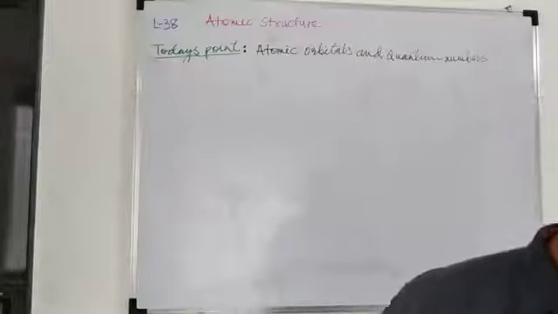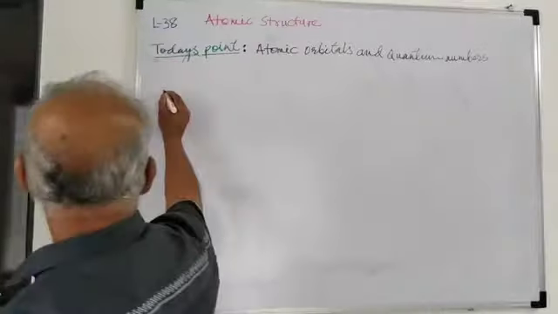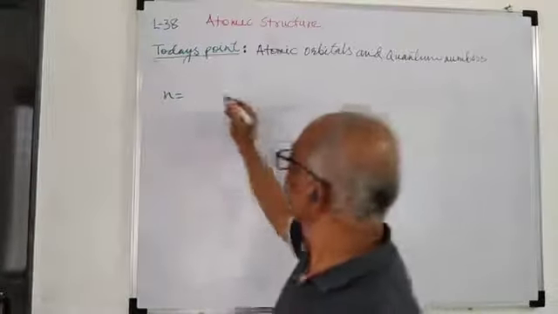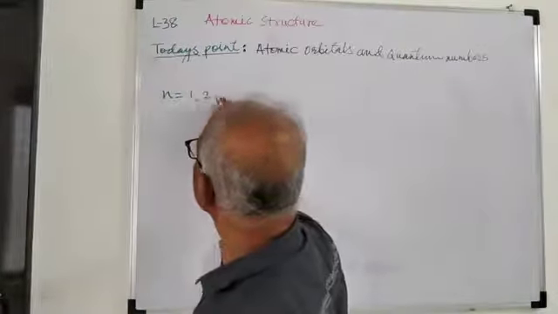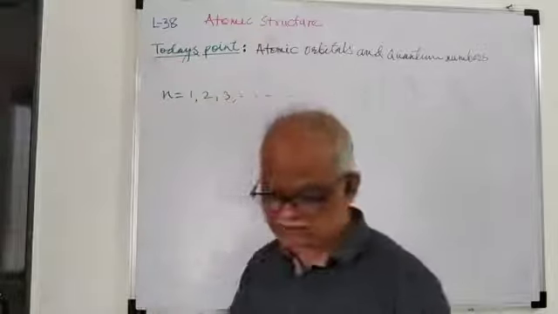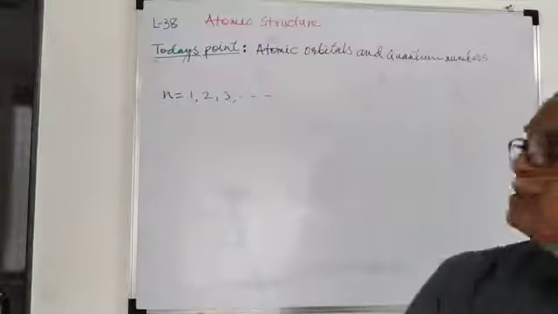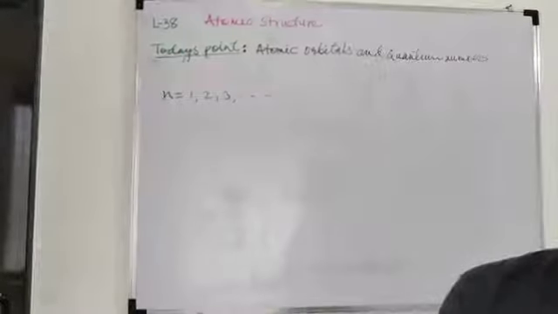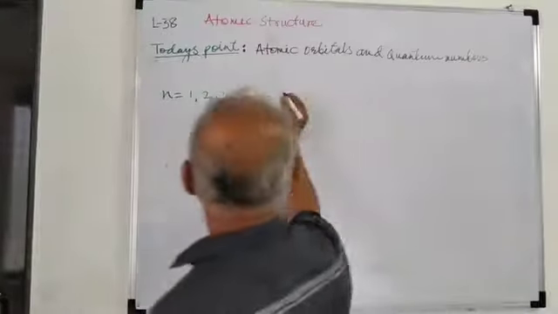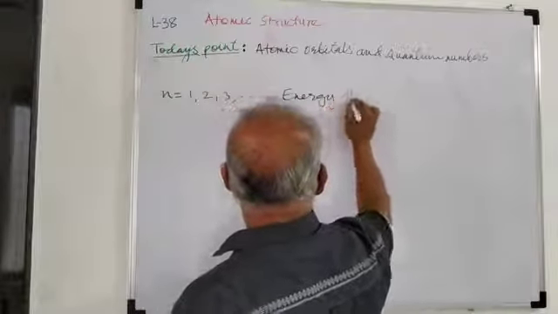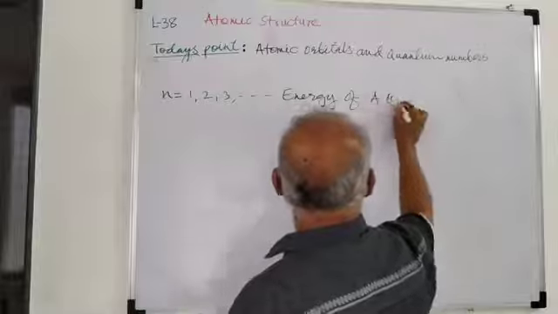So if we take the principal quantum number, that is n, n has values 1, 2, 3, etc., as we have seen last time. This quantum number is mainly responsible for the energy of atomic orbitals.